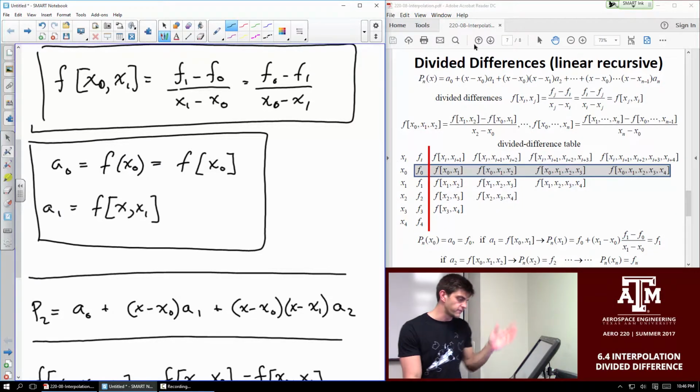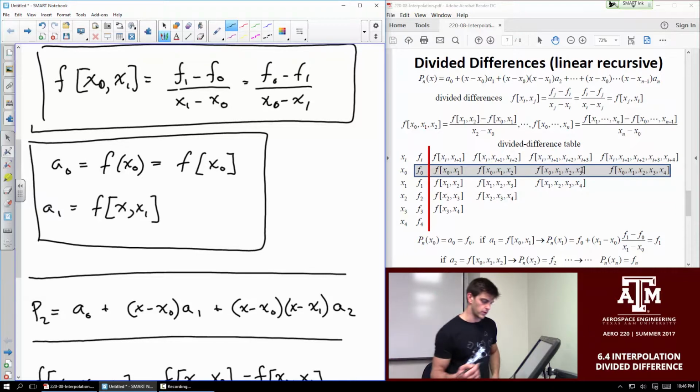So in the first column, we're just dividing by x1 minus x naught. By the time you get to the last column, look at the first x value, it's x naught. The last x value is x4. So the very last column, to get that last divided difference, it's going to be this one minus this one. That's going to be the numerator. I'll go ahead and write that.